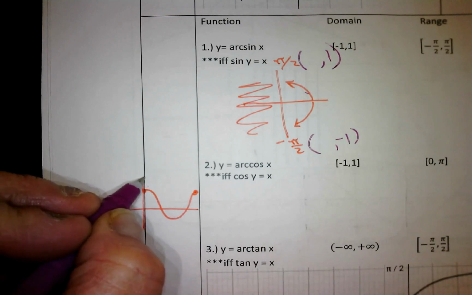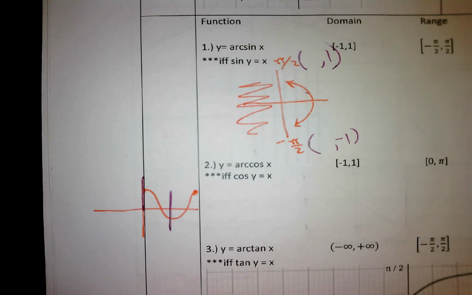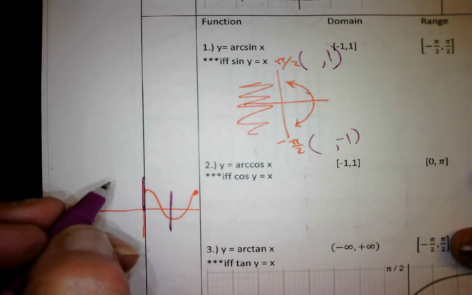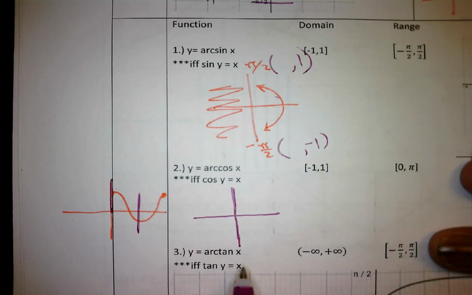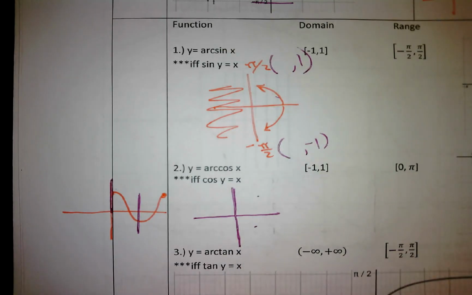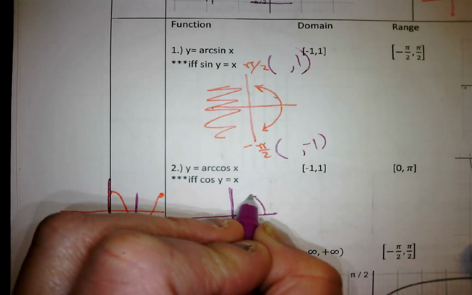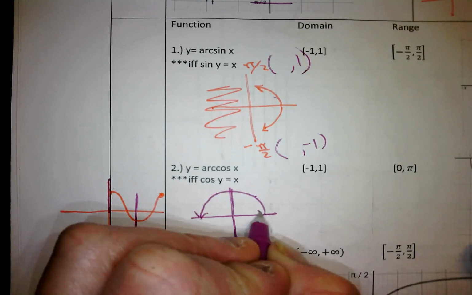For this one, I'm going to start at 0 and go to pi. If we're looking at our unit circle and I started down here and went to here, my x values are all positive here, so that wouldn't work. So for cosine, our range is going to be 0 to pi.